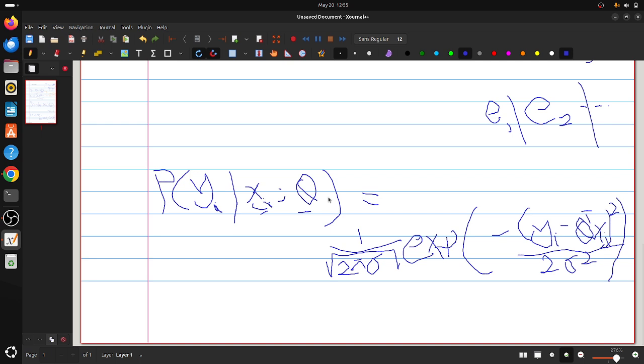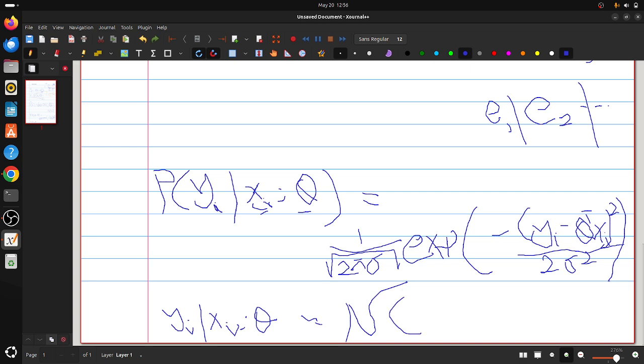So that means it follows a normal distribution as well. The probability density function of yi given xi, parameterized by theta (I'm using a semicolon to imply parameterized by theta), follows a normal distribution.